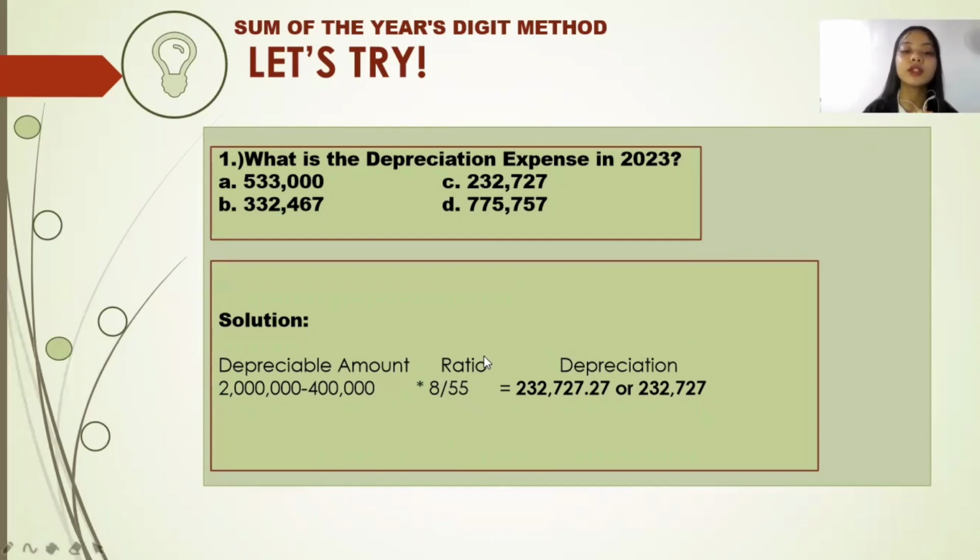Sa formula ng sum of the year's digits, ang makukuha natin is 232,727.27, or 232,727. So, ang answer natin is letter C.